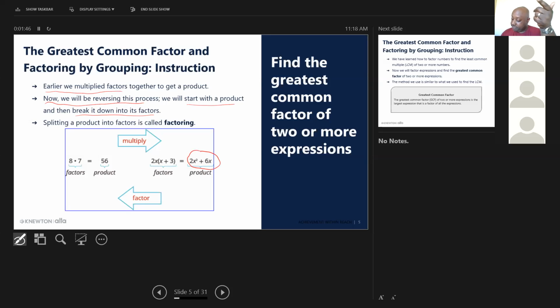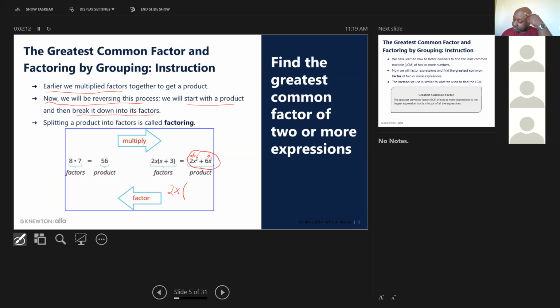The greatest common factor between 2 and 6 is 2. And the greatest common factor between x squared and x is just 1x.